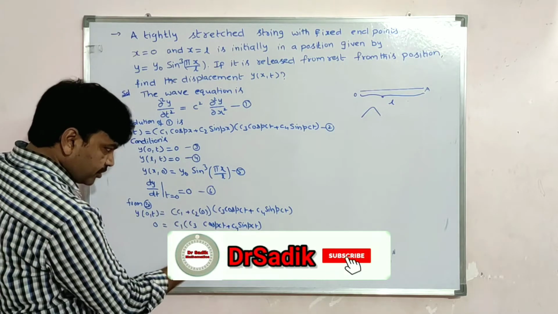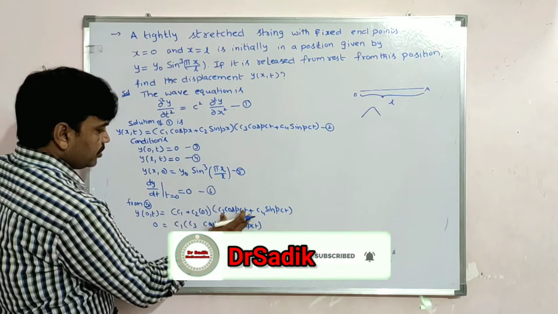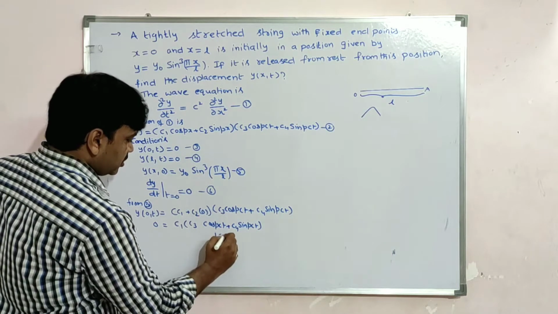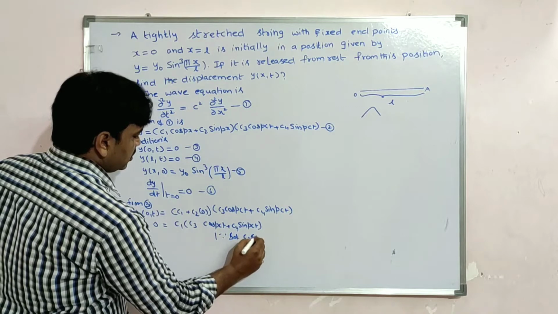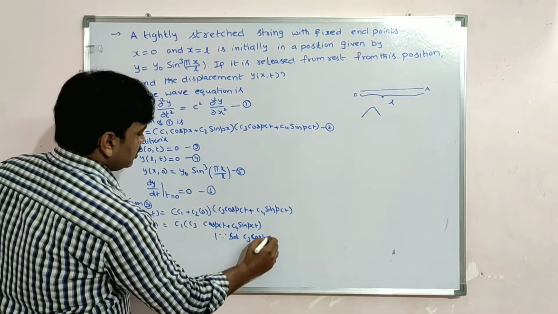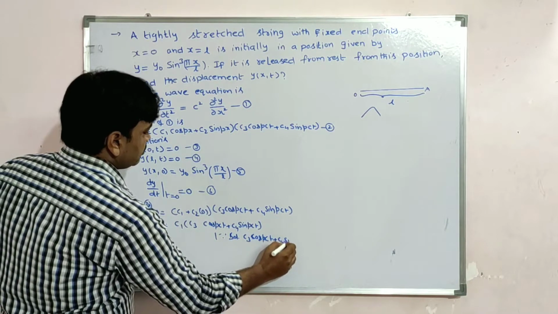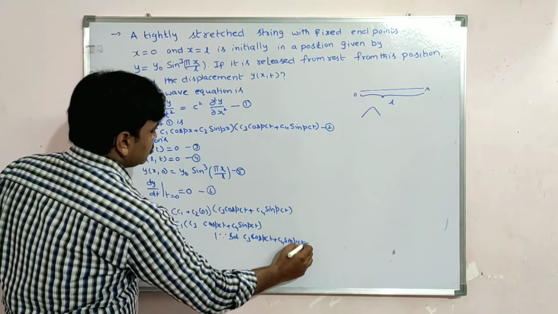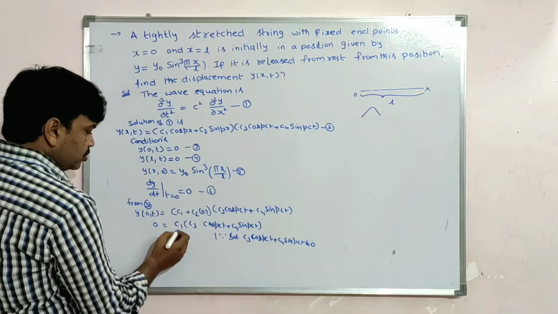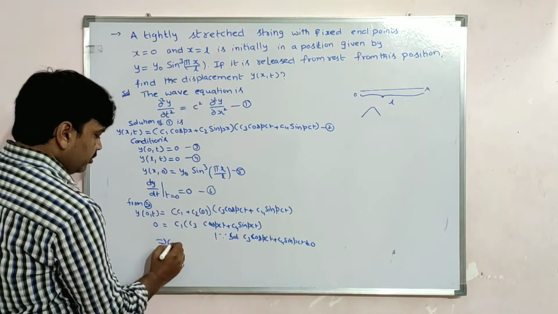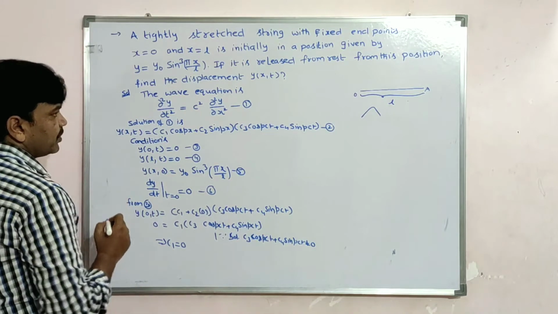Now see, students, this is the solution c3 cos pct plus c4 sin pct, so this value is not equal to 0. So which value is 0? That implies c1 is equal to 0.